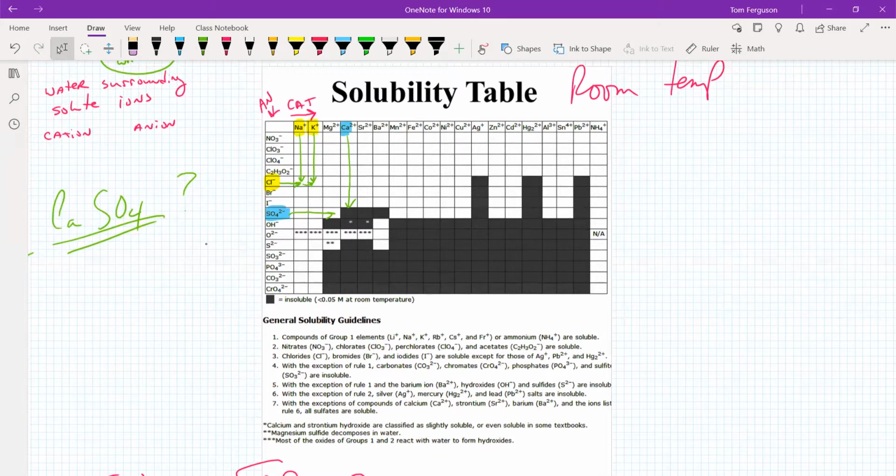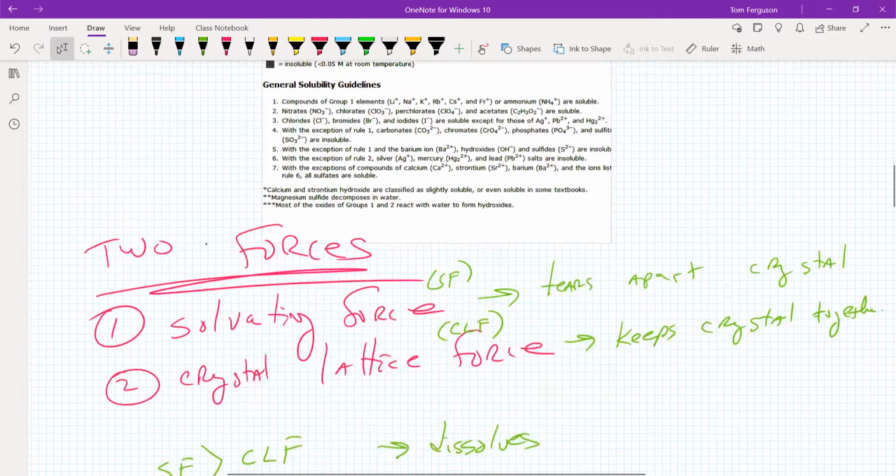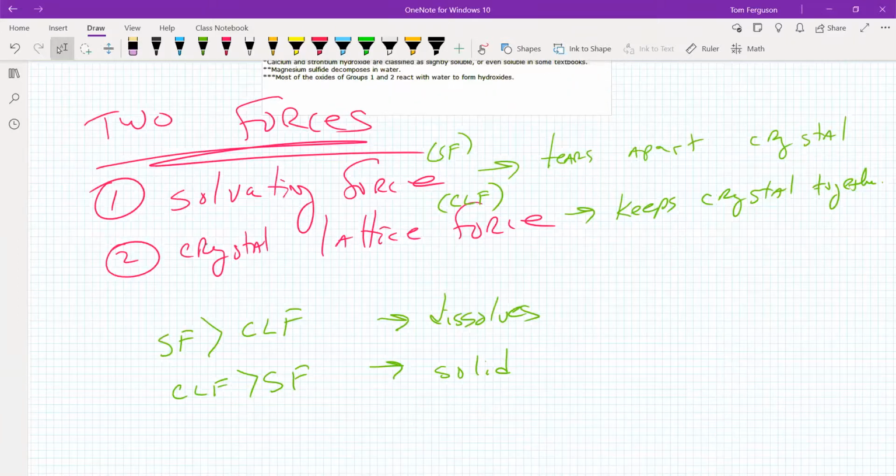Okay, so if it's black, it forms a solid. If it's white, it dissolves like salt in water, sugar in water. We put the sugar in the water, we can't distinguish sugar from water. Put salt in water, we cannot distinguish between the parts of salt, the sodium and the chloride, from water.